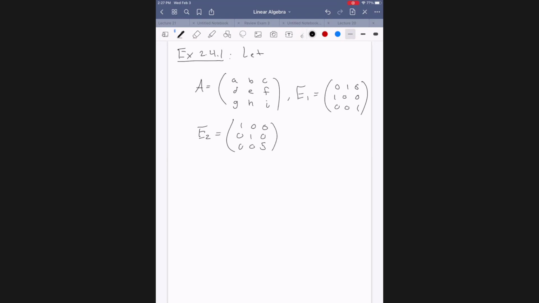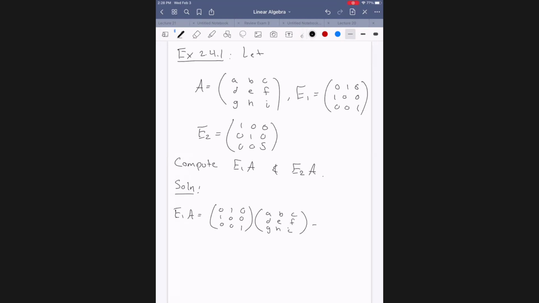Okay, so let's compute E1 times A and E2 times A. So E1 times A equals 0, 1, 0, 1, 0, 0, 0, 0, 1 times a, b, c, d, e, f, g, h, i.